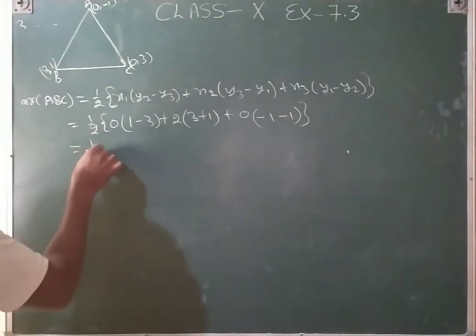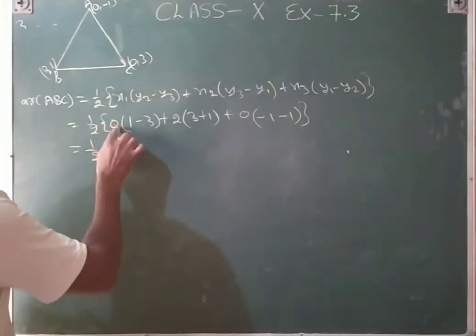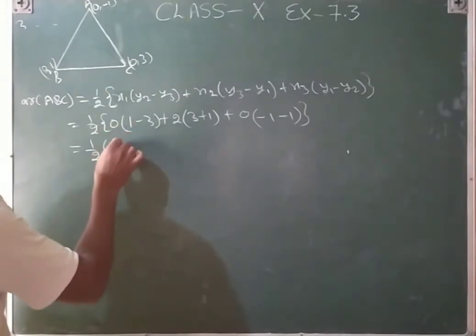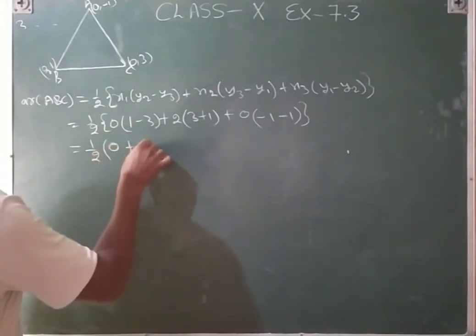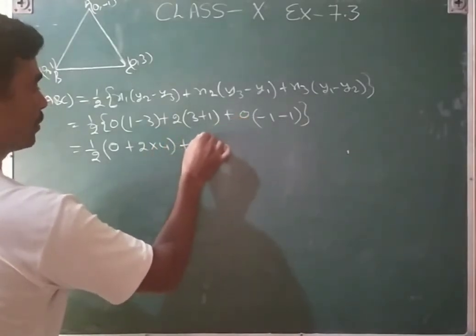So 1 upon 2, the outside being 0, that term is 0, plus 2 into 4, plus the outside 0, so that is also 0.